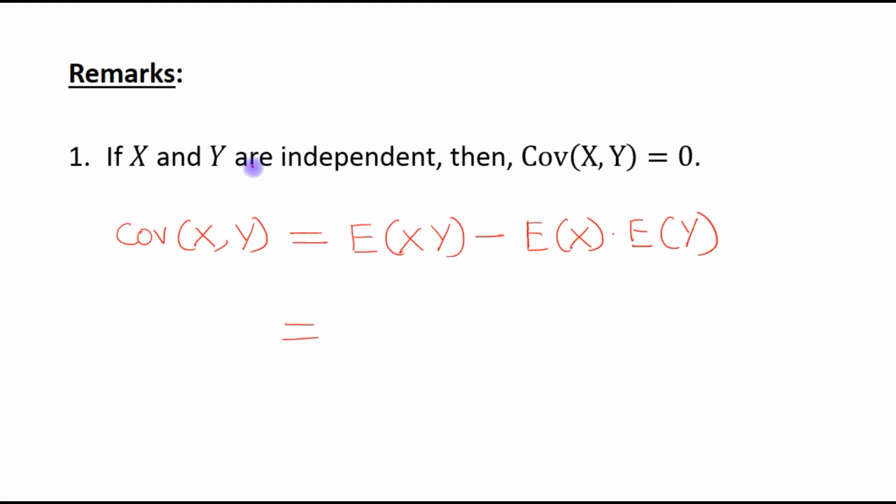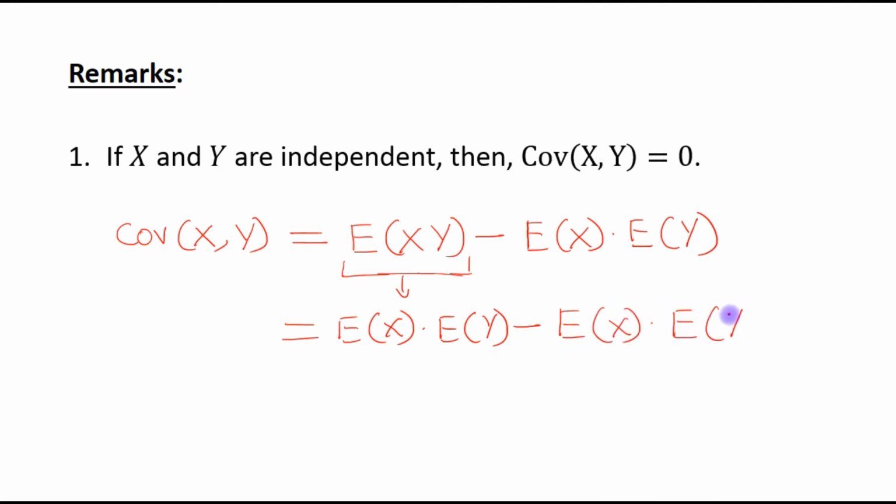Next step, because x and y are independent, so we can write exy as the product of expected value of x and expected value of y minus this term, and last step is 0.